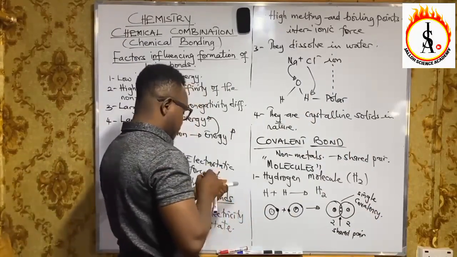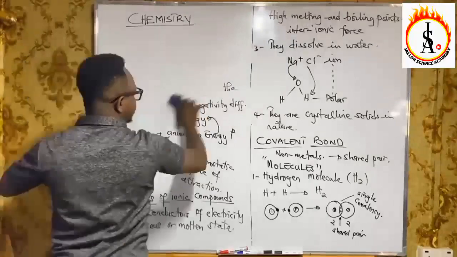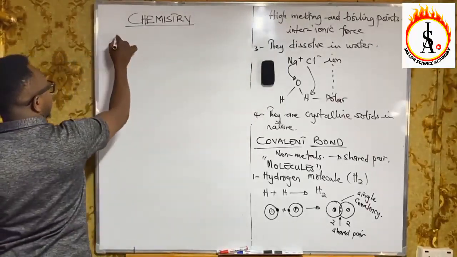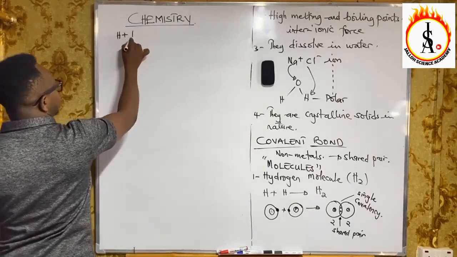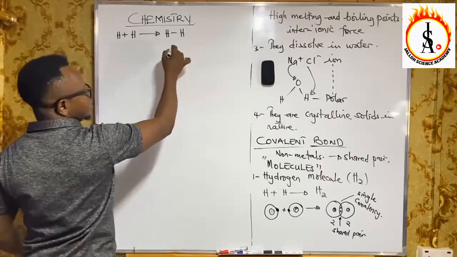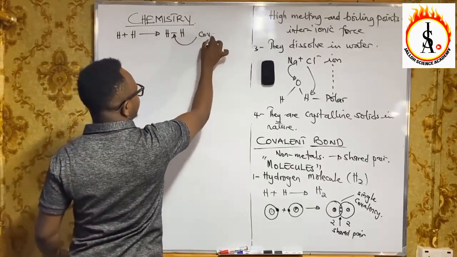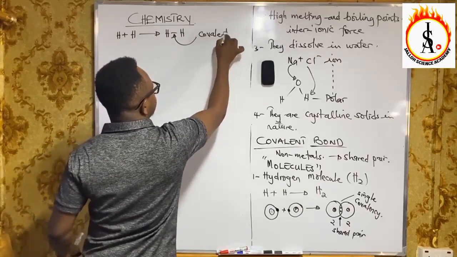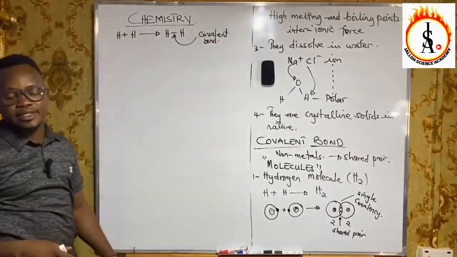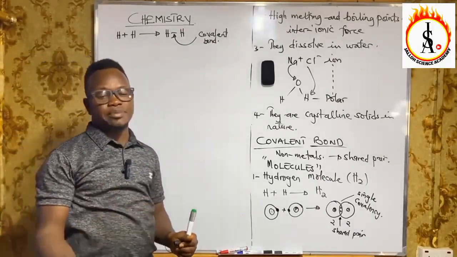That's the reason the bond in hydrogen can be represented like this. So hydrogen bonds with another hydrogen to give us this. This is the bond, and covalent bonds are represented by a dash separating the two species that are being formed.